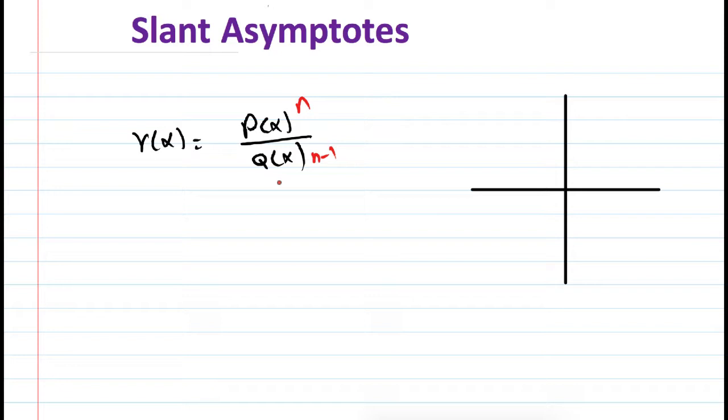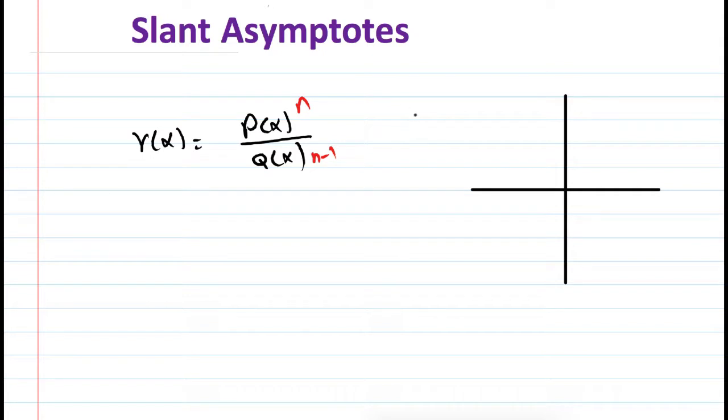Only in that case we have a slant asymptote. If the degree of the numerator is 3 and the degree of the denominator is 2, we have a slant asymptote. If the degree of the numerator is 100 and the degree of the denominator is 99, then we have a slant asymptote. Only when the degree of the numerator is 1 more than the degree of the denominator do we have a slant asymptote.